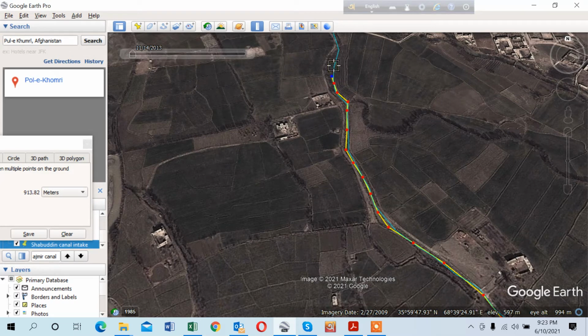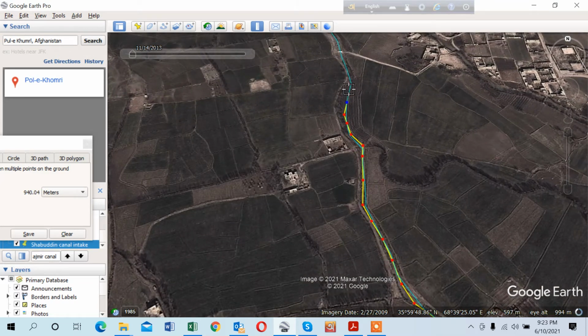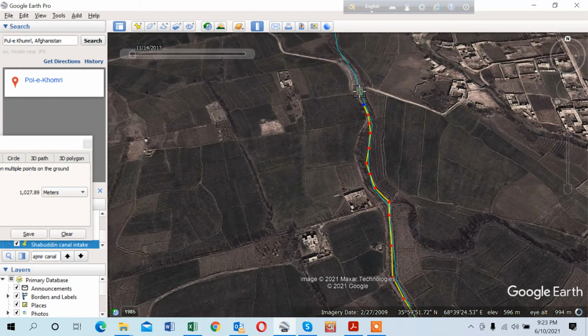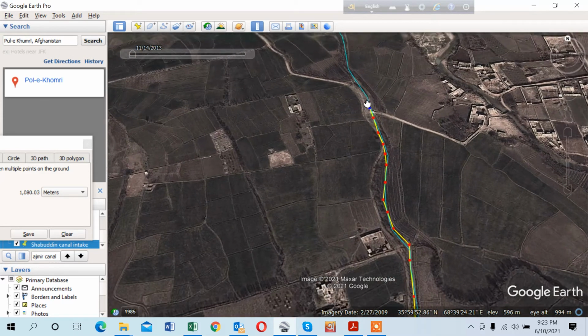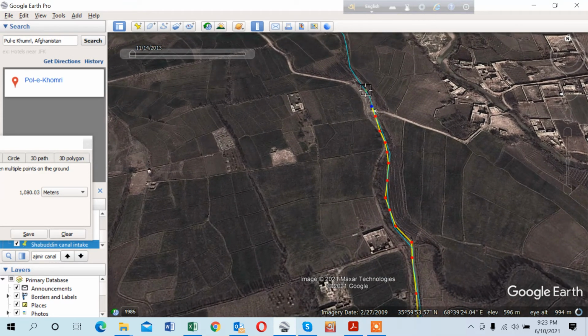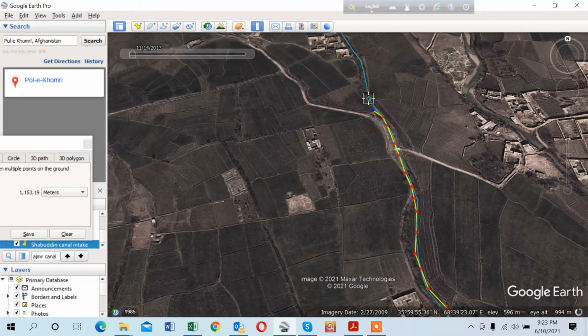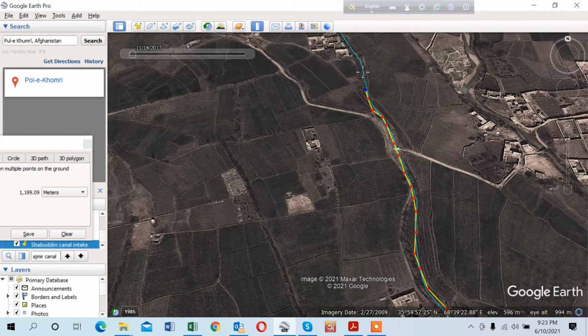If the season is winter season, then the low water level, and if the season is June, July, then it will be the level of June, July. But normally we take the low water level. That is the main criteria for selection of the irrigation canal head.